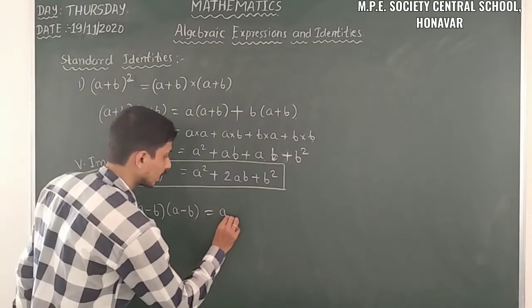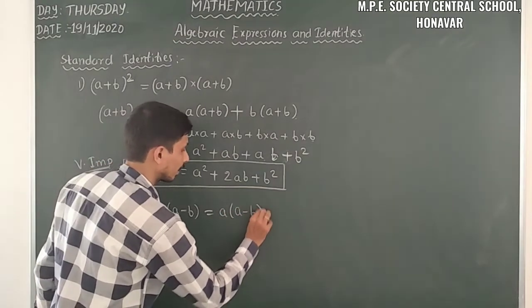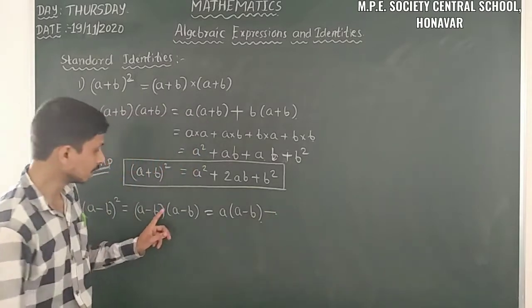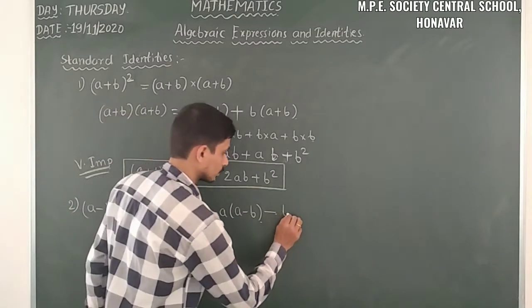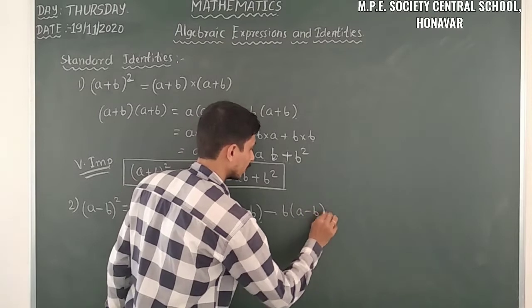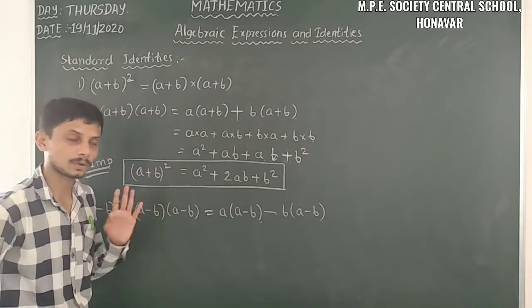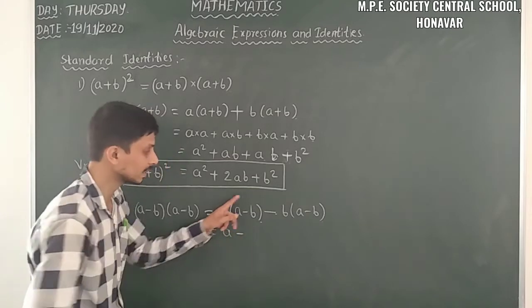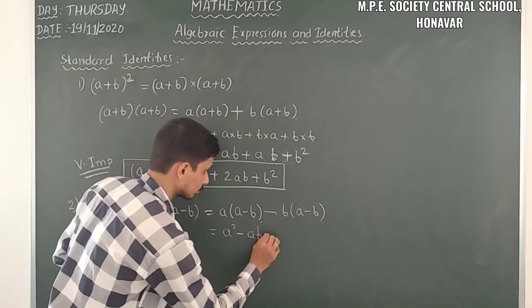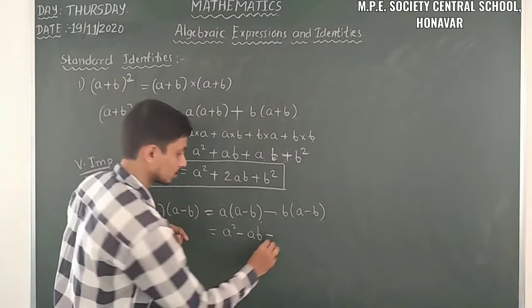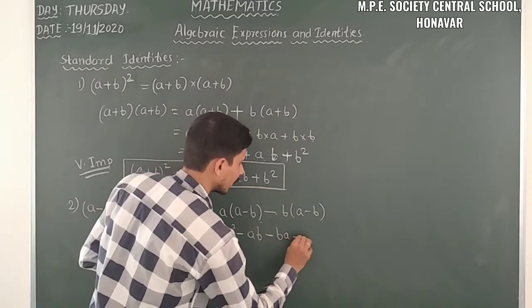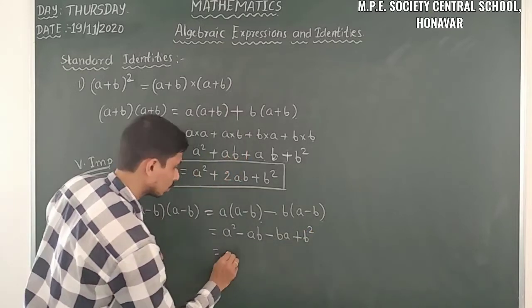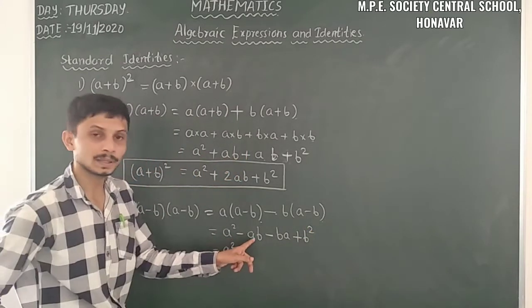Let us take a into a minus b, with similar steps, followed by the minus sign, and b into a minus b. Then a into a square minus a into b, ab, minus b into a, then minus of minus plus b square, is equal to a square minus ab minus ba.